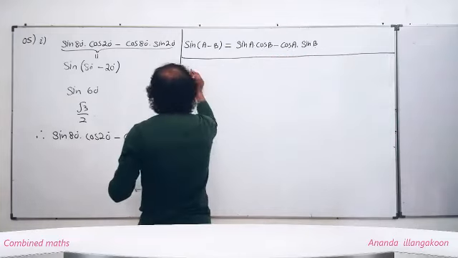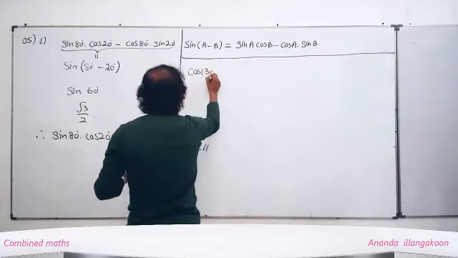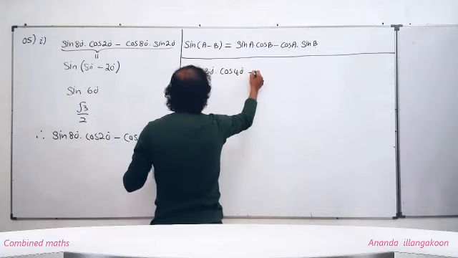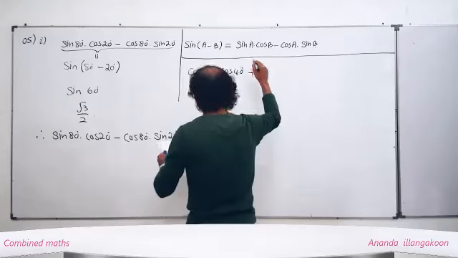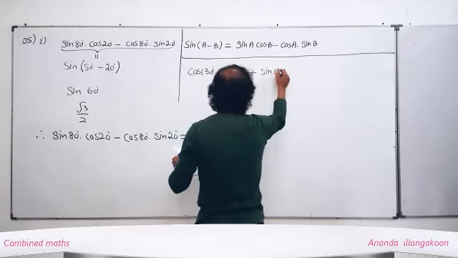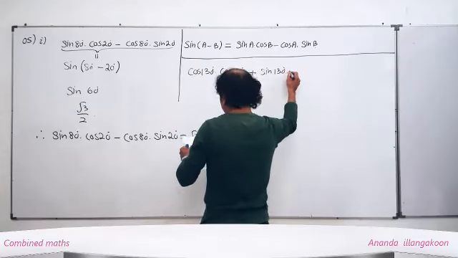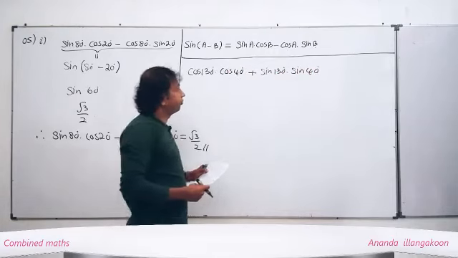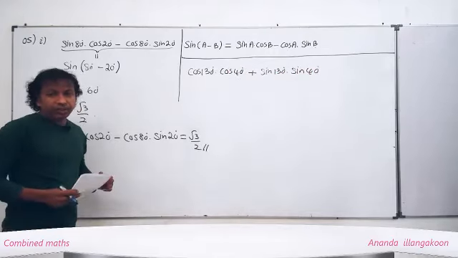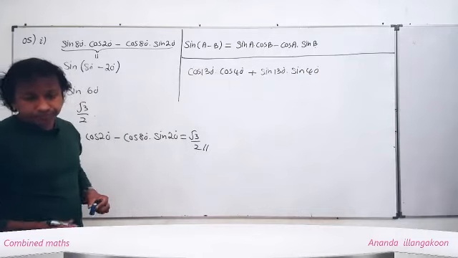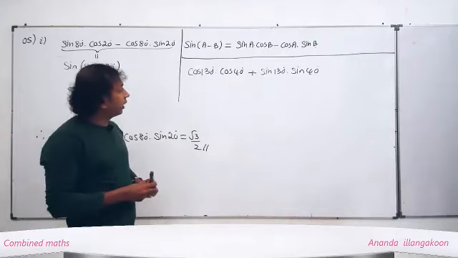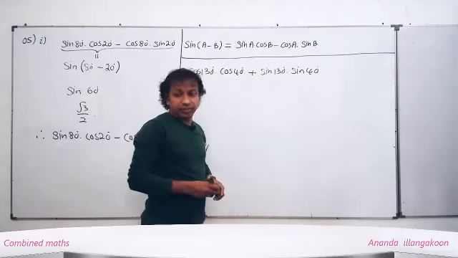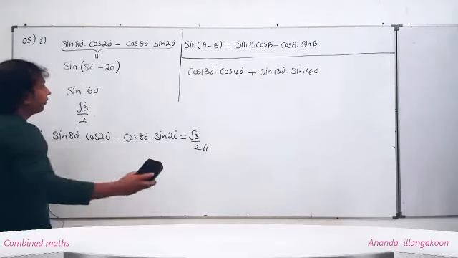Cos 130 into cos 40 plus sin 130 into sin 40. We have to prove this is equal to 0. Now here you have what? It's like here cos cos plus sin sin.